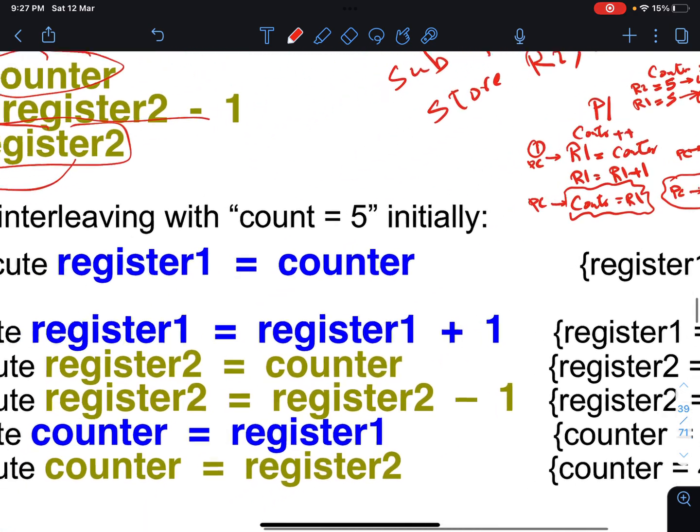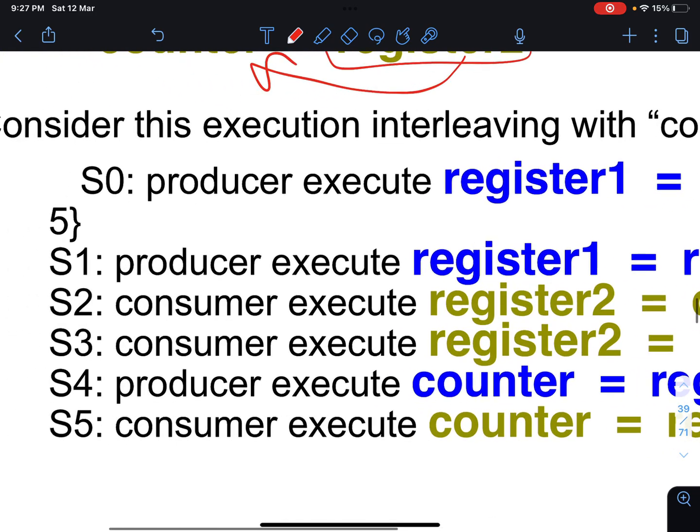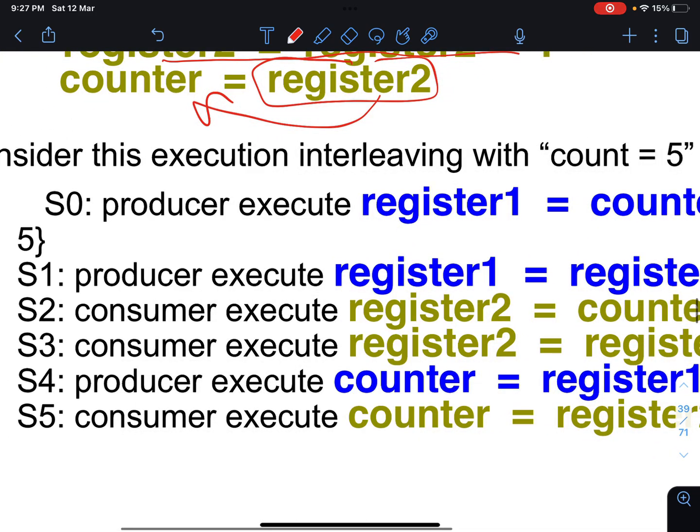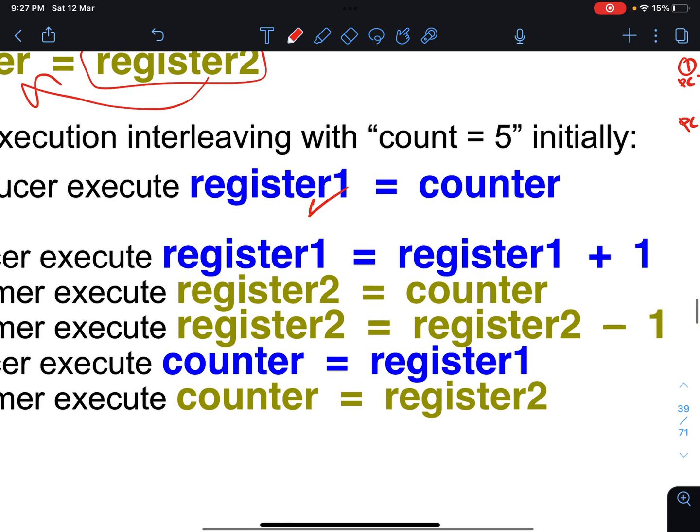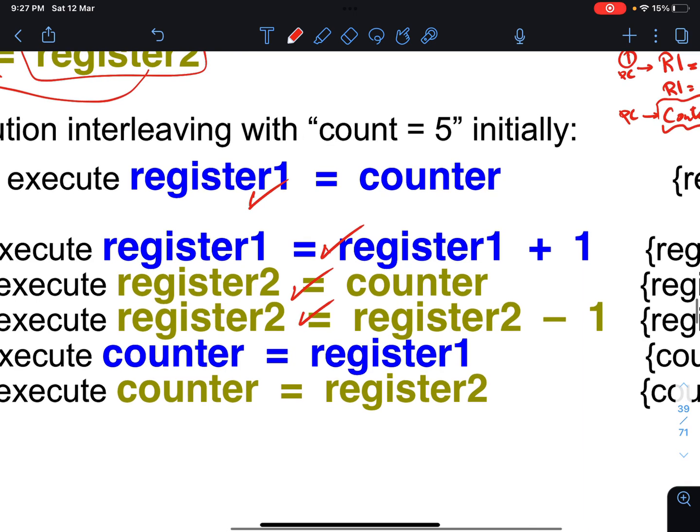Okay, so this is what's happening here. So as an example here, you are reading the value of R1. You increase the R1, and before you do the store, R2 read. And then you increase the R2. Here, counter equal register 1. So here counter is 6. Okay, but then counter equal register 2.